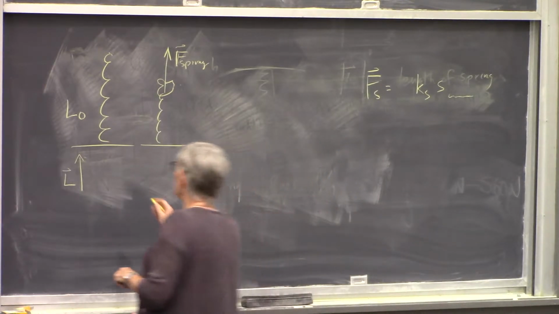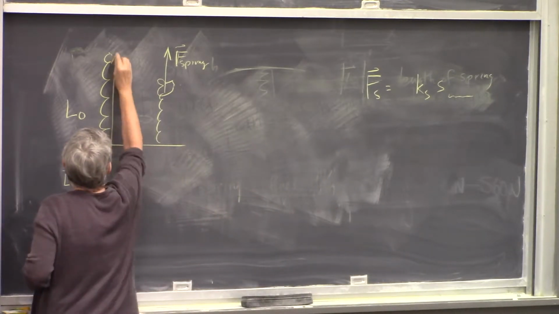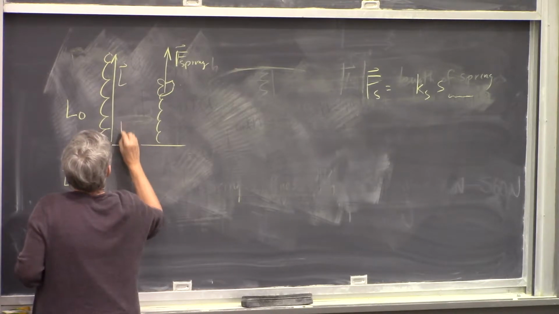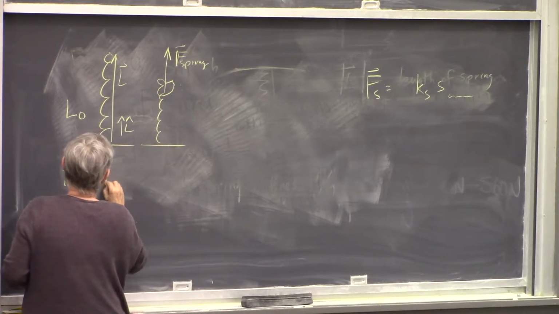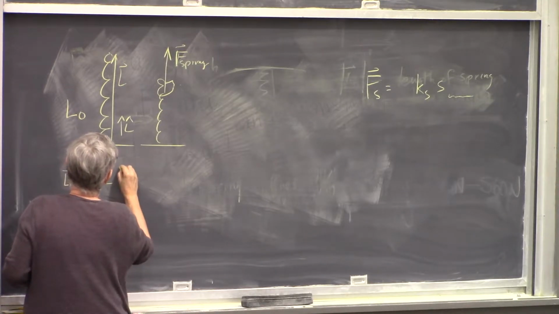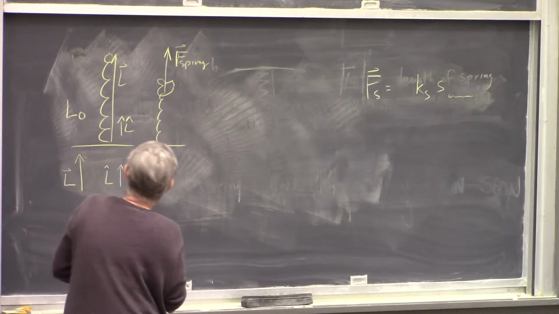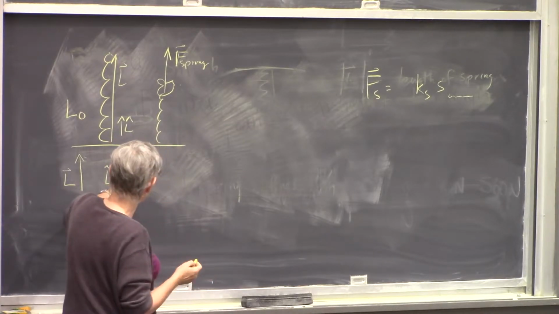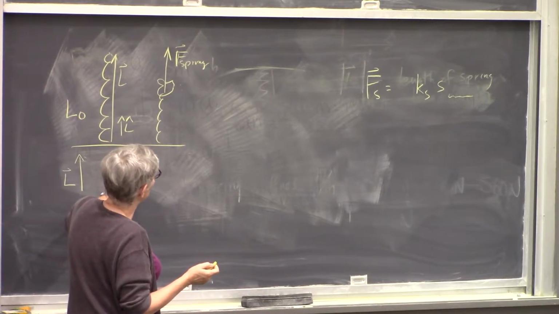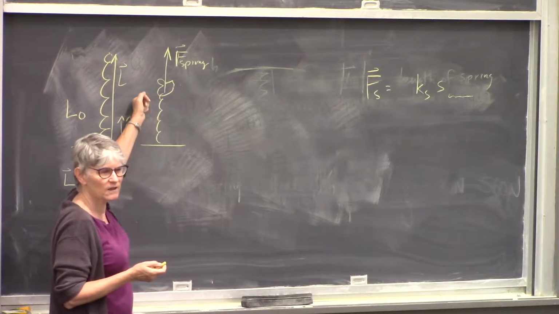So here's our vector L, and so our vector L hat is in that direction. L hat is up. Now let's multiply L hat times the stretch. Is the stretch positive or negative here?